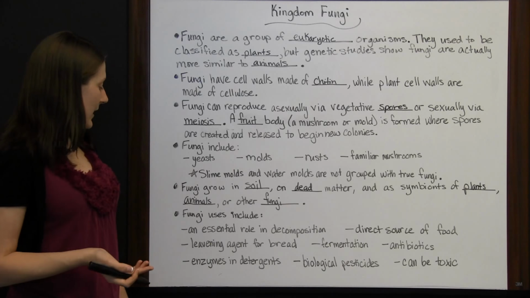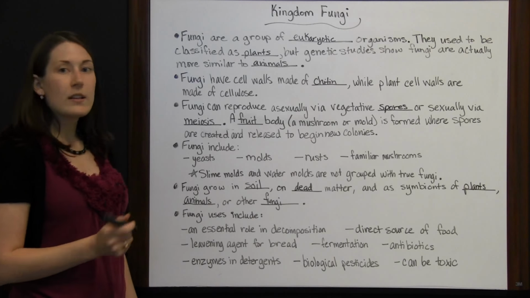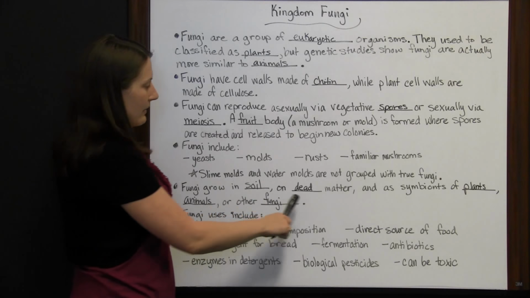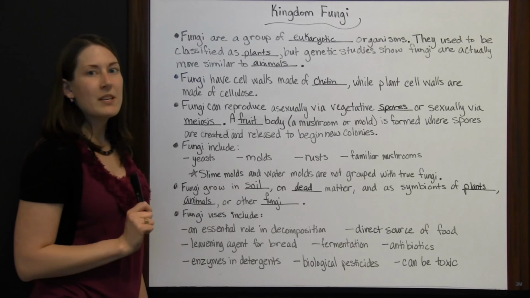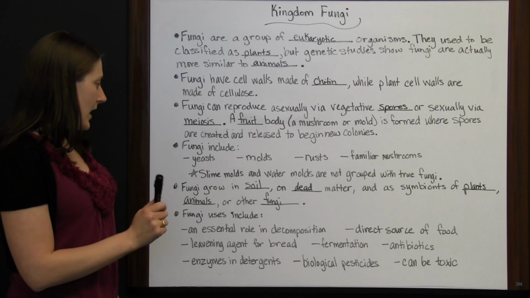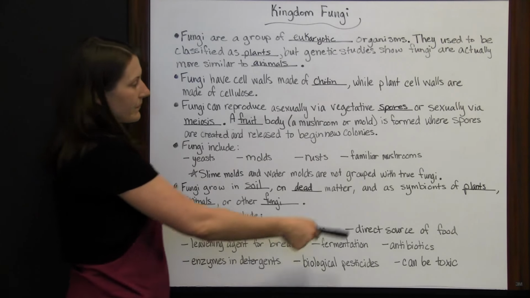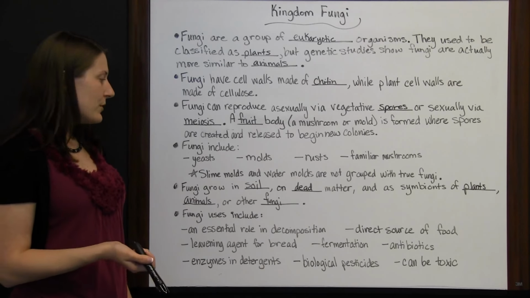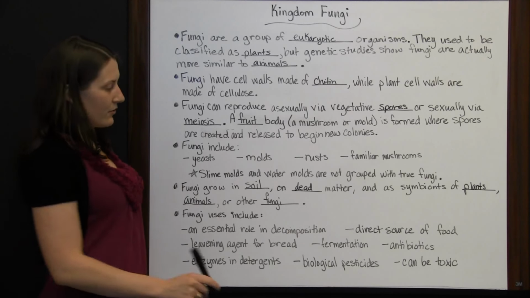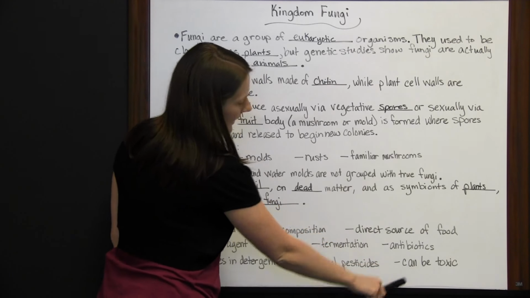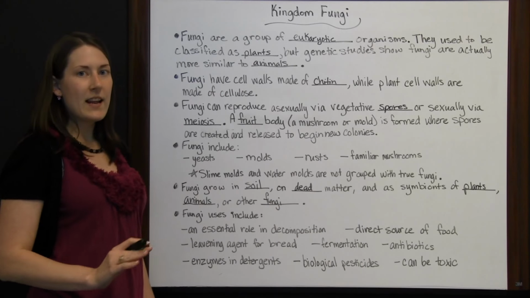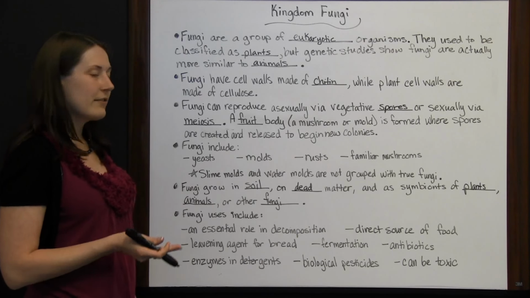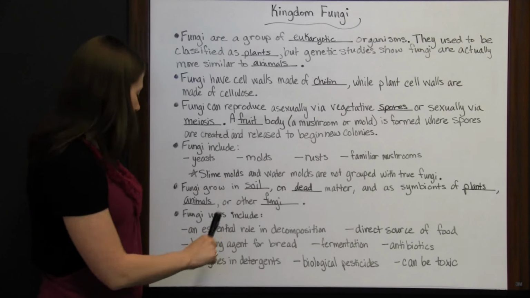Fungi uses can include an essential role in decomposition. So when fungi grow on dead matter, they're going to help decompose that dead matter. It can be a direct source of food. Familiar mushrooms would be direct sources of food that you could eat, though not every mushroom, because fungi can be toxic. So don't think that every mushroom you see is all right or every fungus is going to be helpful.